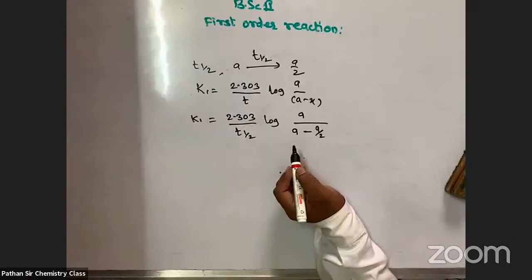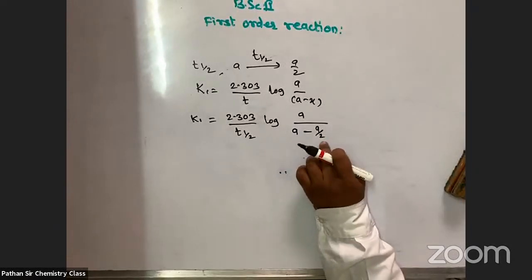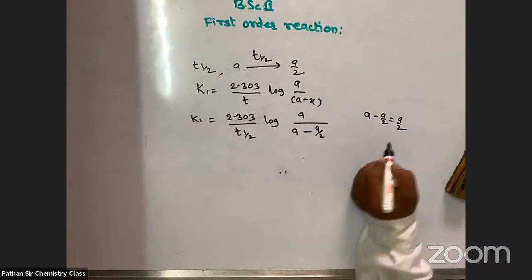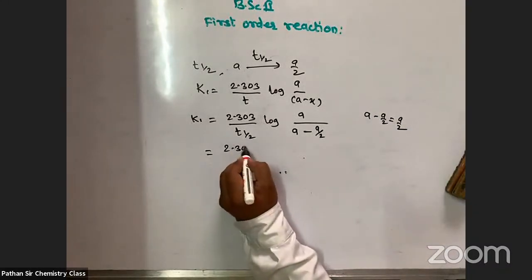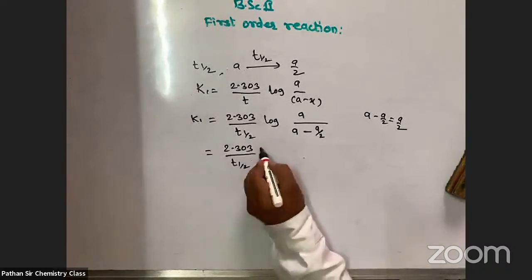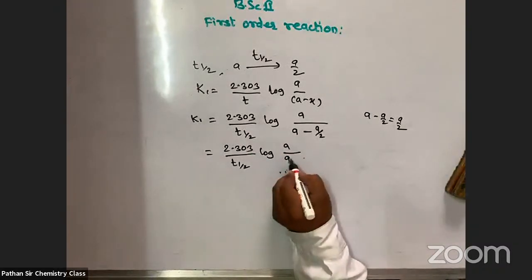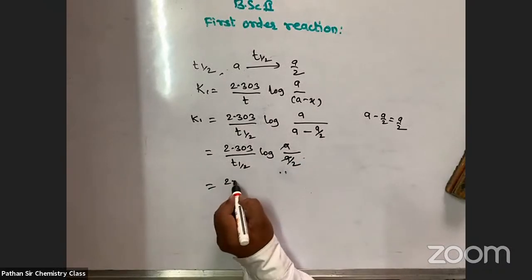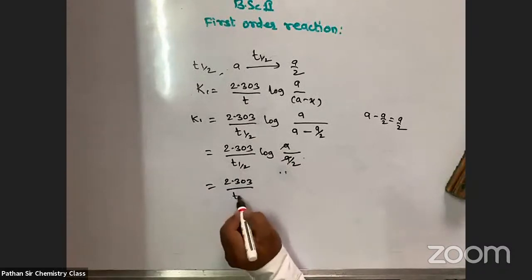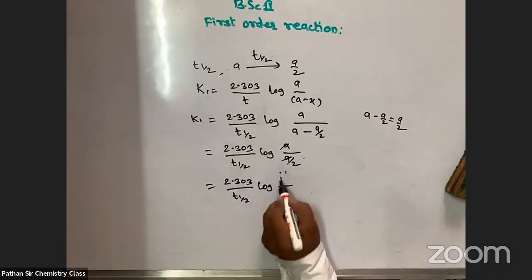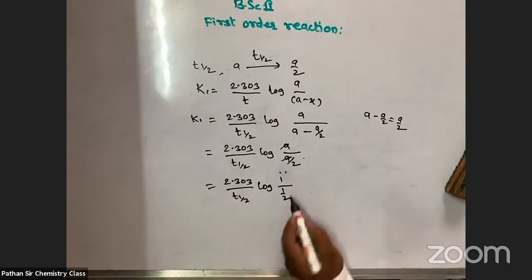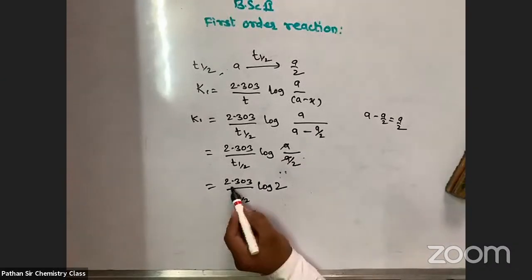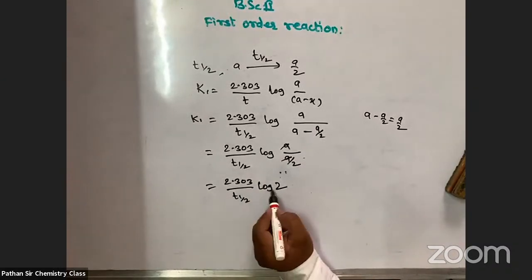When half is gone, half remains: A minus A by 2 is equals to A by 2. Therefore it is 2.303 divided by T half into log of A divided by A by 2. A cancels A, yielding 2.303 divided by T half into log of 1 divided by 1 by 2. The 1 divided by 1 by 2 means 2. So 2.303 divided by T half into log of 2.